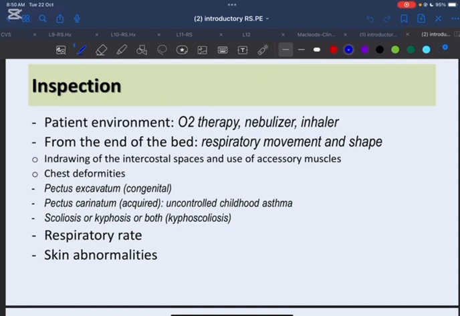Spider nevi distribution is in the chest, correct, but the distribution is related to what? The superior vena cava, generally above the umbilicus. Okay, sometimes. Who else? So spider nevi, normally up to how many do we accept? Up to 5. More than that we consider pathological.